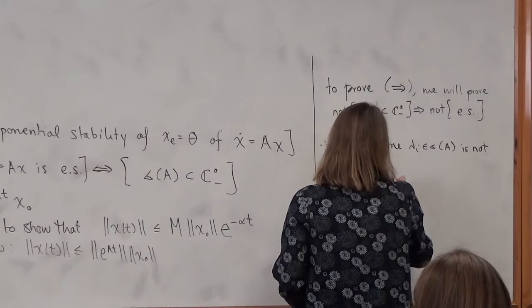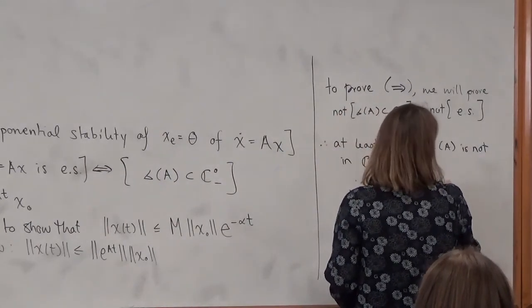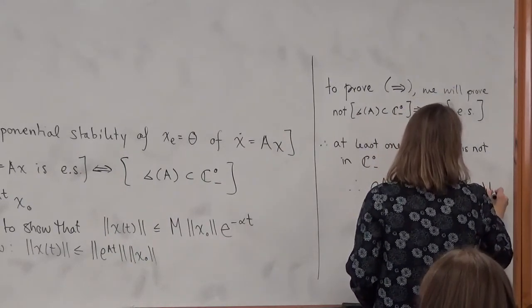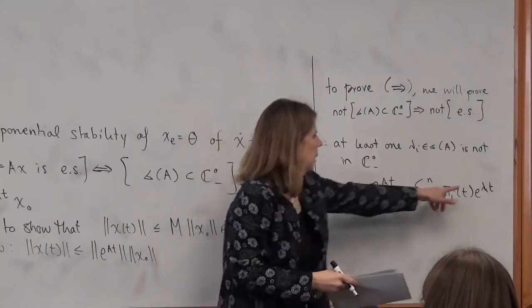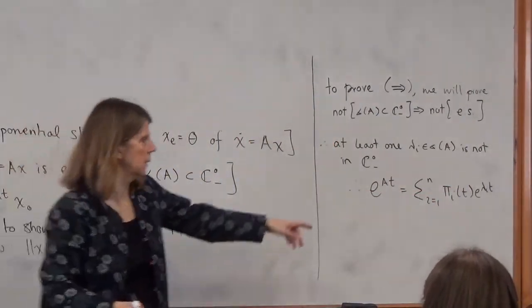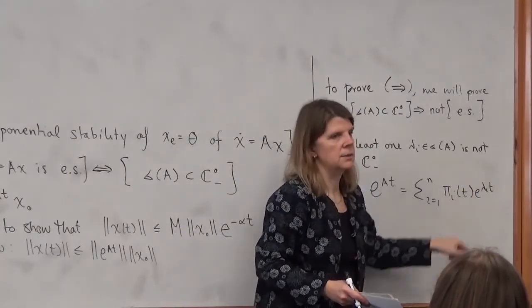Therefore, we have a nice useful expression for e to the At: the summation from i equals 1 to n of P_i(t) e to the lambda_i t. Just plug in that lambda and e to the At is going to blow up. Even if lambda_i is on the j omega axis, this is not going to decay to 0 anymore.